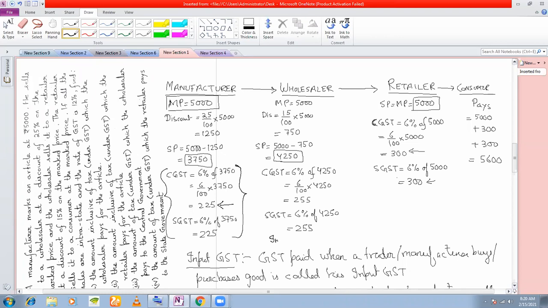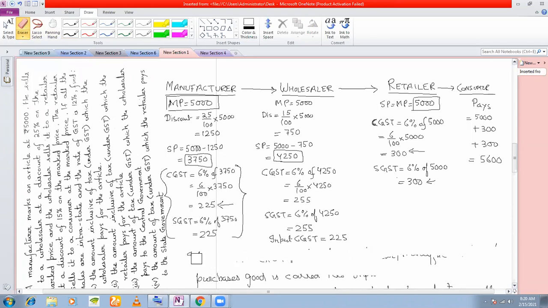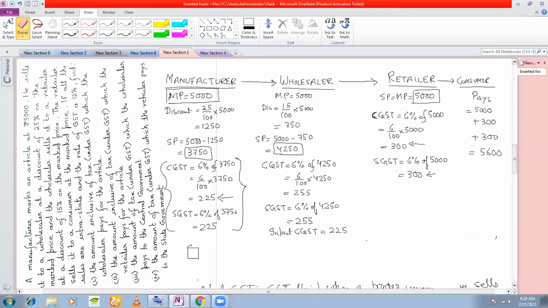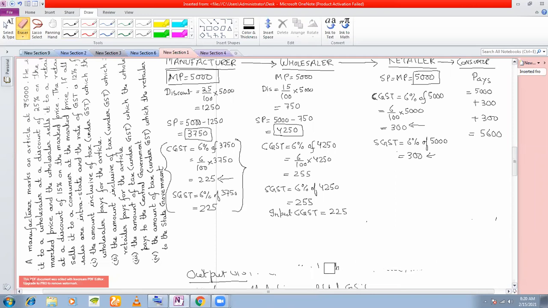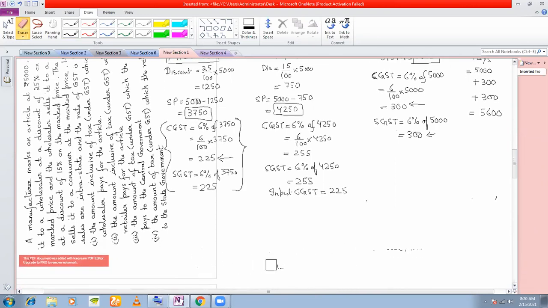So what is his input GST? Input CGST. His input CGST is 225. Okay. Let me just erase this definition. So input CGST is 225 because he is paying the manufacturer 225 rupees.